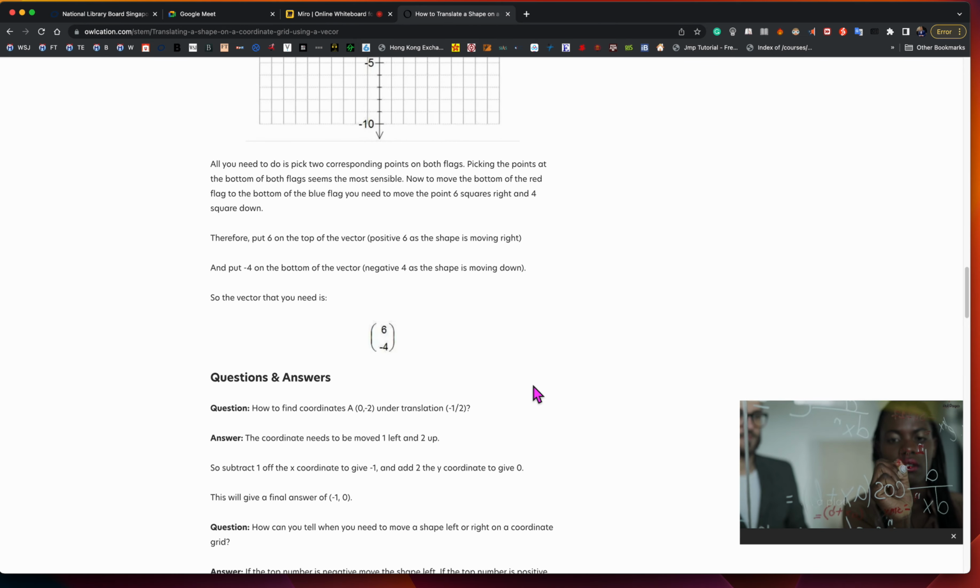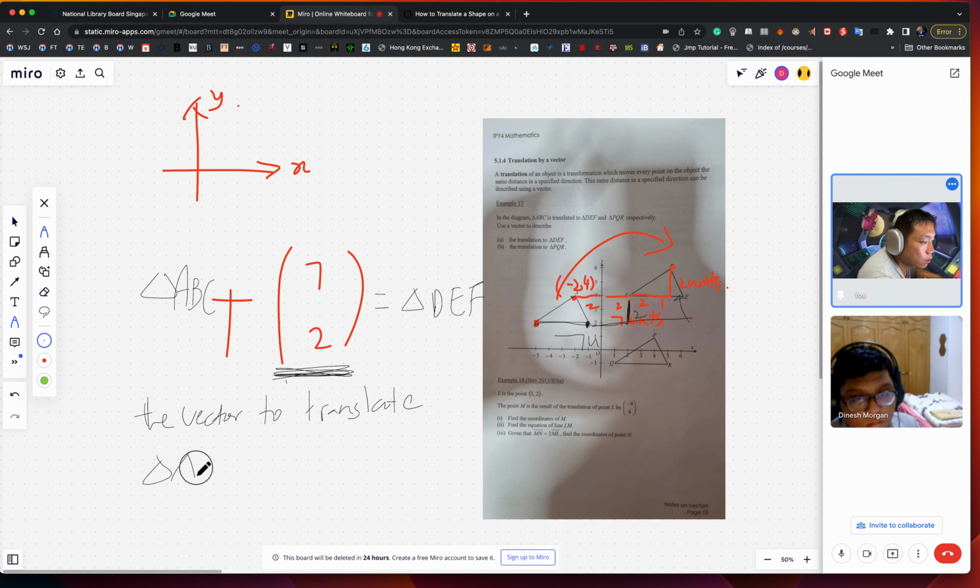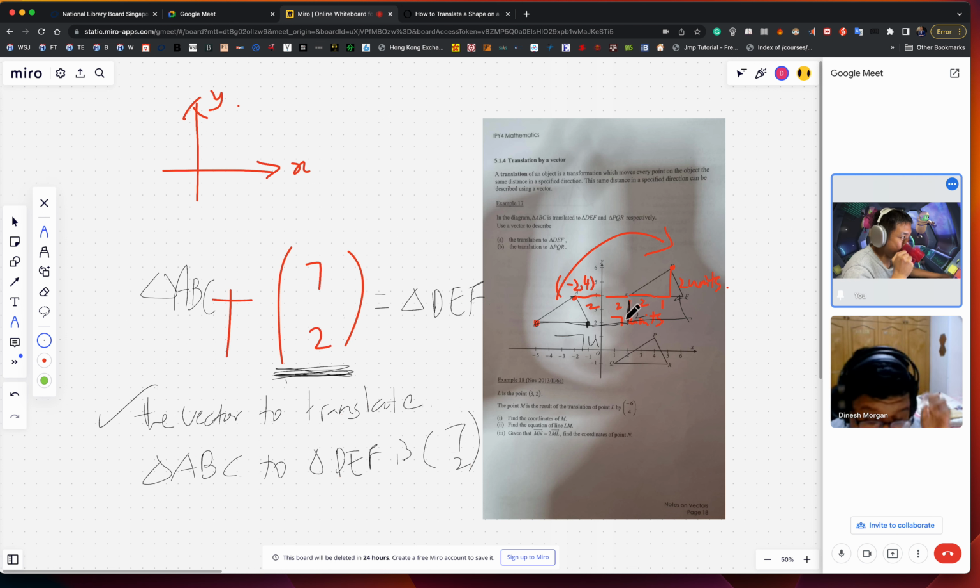Basically, you just say the vector to translate triangle ABC to triangle DEF is 7, 2. Pretty simple stuff. Is it always described using a column vector? Yeah. Like I say, this is translation only.